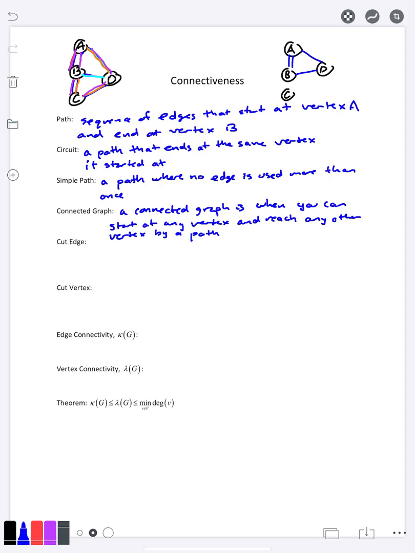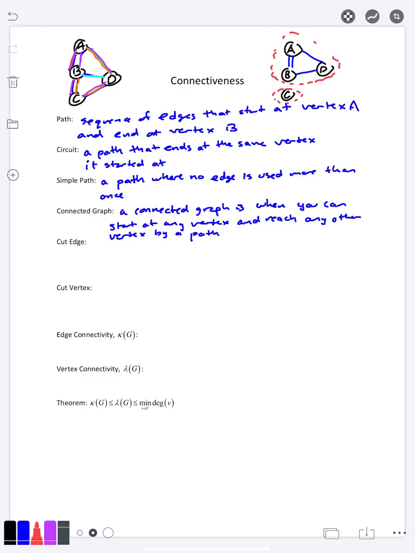So connected graphs are going to be the baseline, and the idea is even if you have a graph that's not connected, you could just restrict yourself and just look at the part that is connected and separate other parts away from that, and you could just analyze the problem one piece at a time. So really, our default is going to be a connected graph.